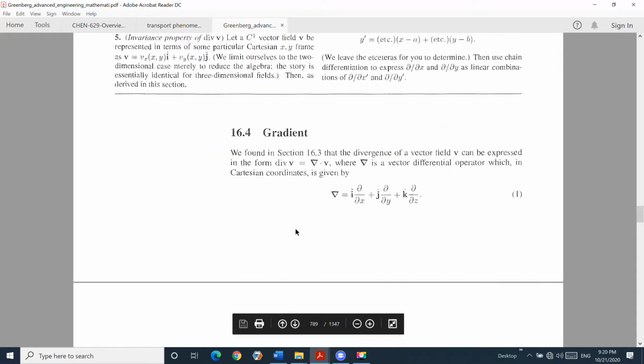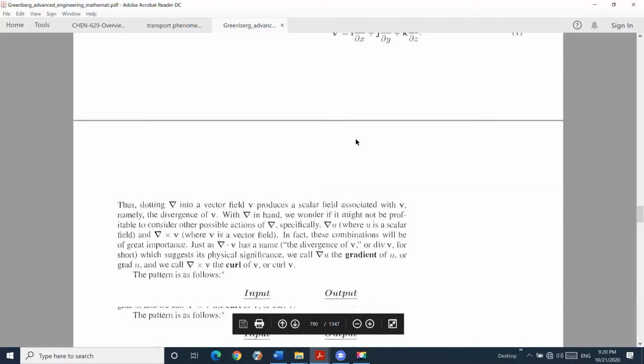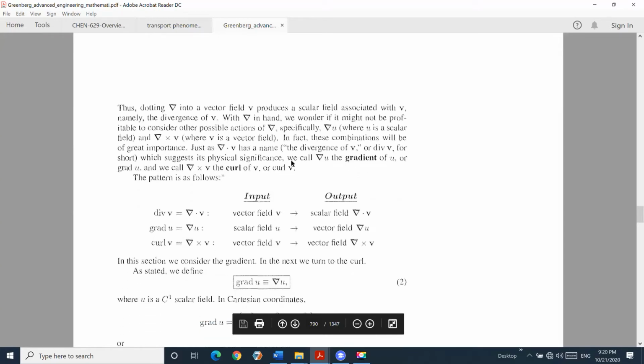So gradient is another concept, with its physical significance.